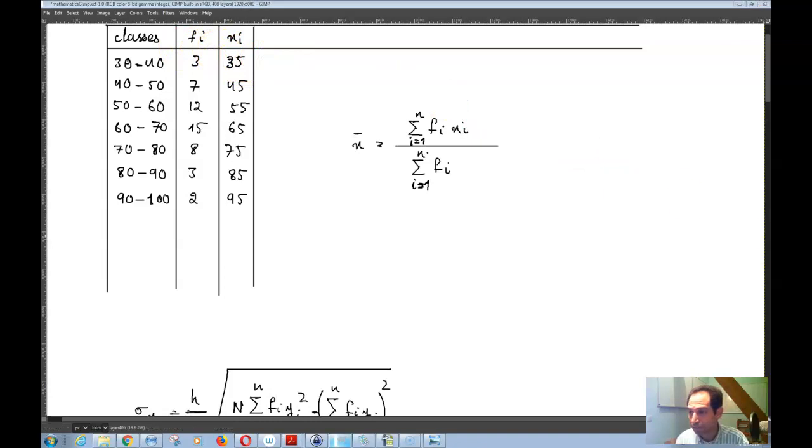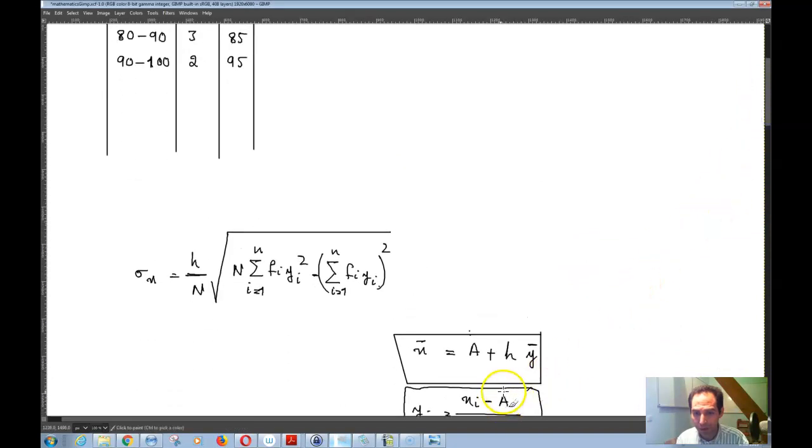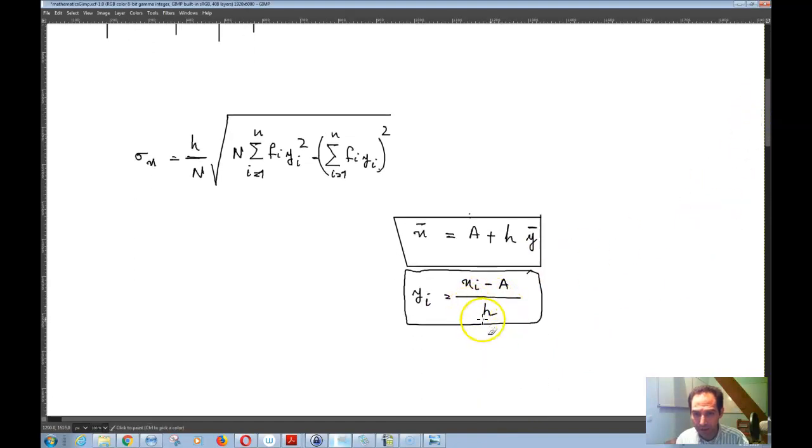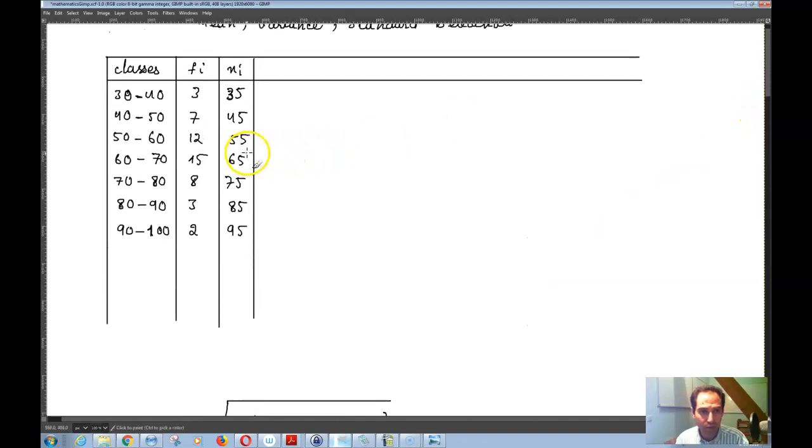That would be pretty simple, at least. So what I'm going to do is take the assumed mean and also the class size. The assumed mean I'm going to take as, for example, 65.